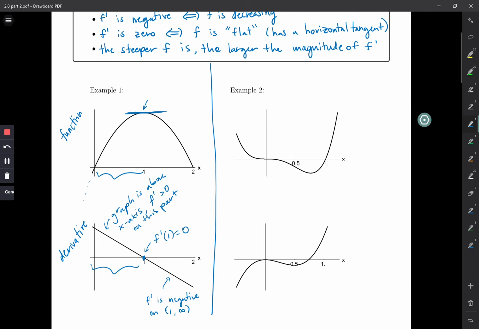Okay, so we can see that this is how the graph of the function and the graph of the derivative are related.